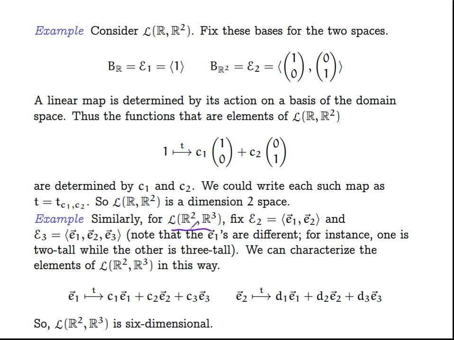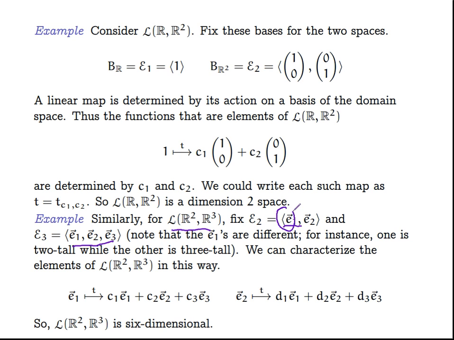Okay, let's look at this case. If I take linear mappings from R2 to R3, I fix a basis of R2 and a basis of R3. And remember, we talked already about how a linear mapping is determined by its action on the basis.